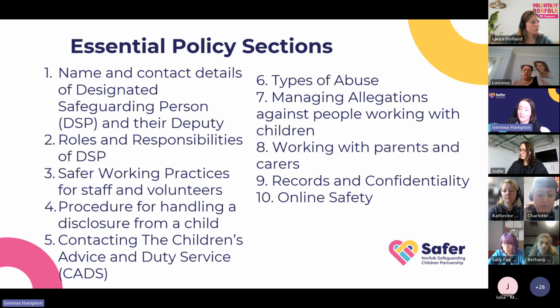And also, obviously, if the DSP isn't available, who is the next person in the chain to contact? Obviously, there could be a deputy. So really important that that information is there. Connected to that is setting out what the roles and responsibilities are of the designated safeguarding person. They normally should be the one who keeps the policy updated or is involved in that process. Obviously, they're the ones that you report all your concerns to.